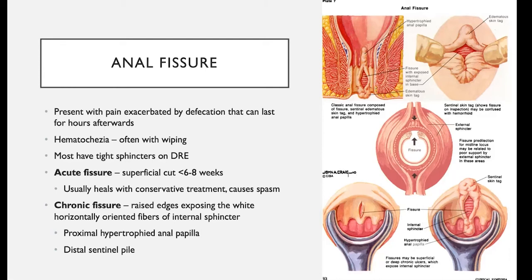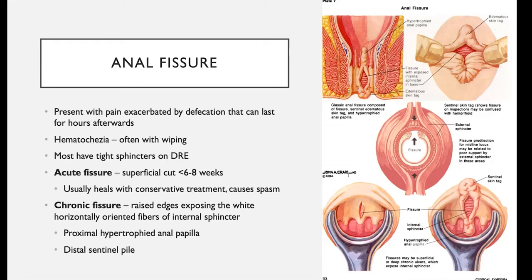Acute fissures are those that typically are less than 6 to 8 weeks old. And these acute fissures, more than chronic fissures, have a good chance of healing with conservative treatment, which we'll go over in a second. And then chronic fissures have some physical exam findings, which are illustrated on the right side of the screen, that tell you that it's more chronic.